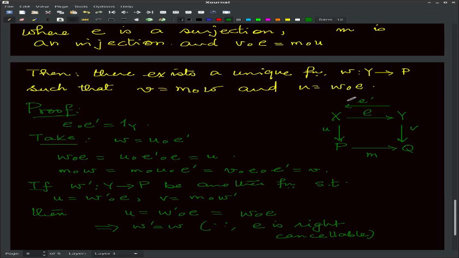So between several such choices of this right inverse, when you compose it with U, it gives that unique map over here. Clear? So that's where the magic works, this commutativity works, and that gives you the proof.